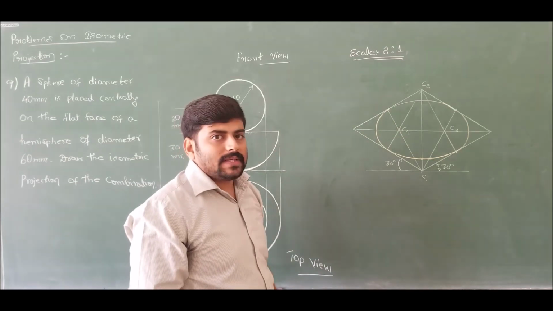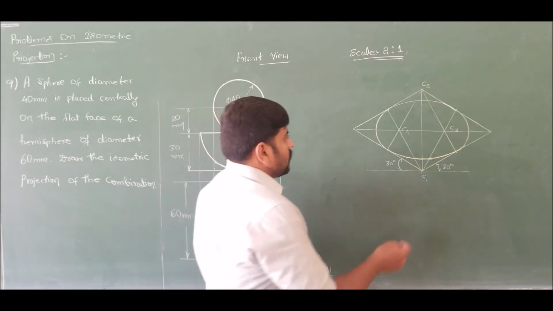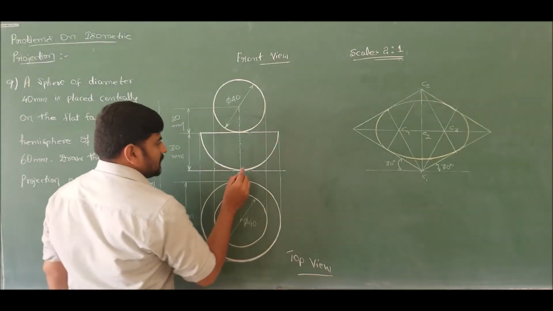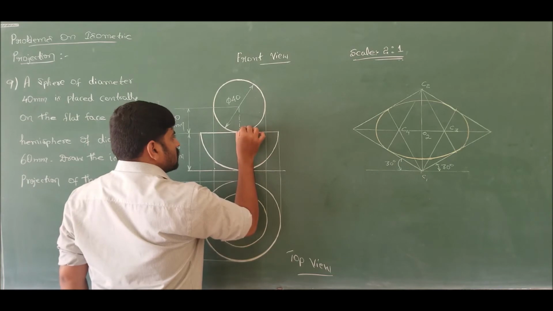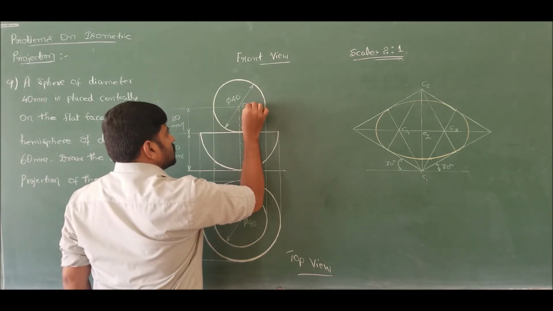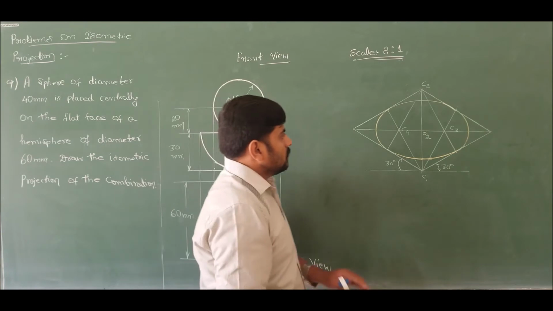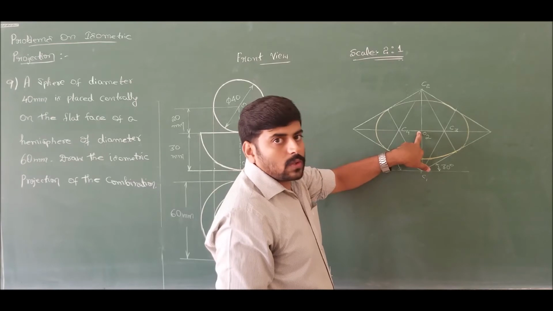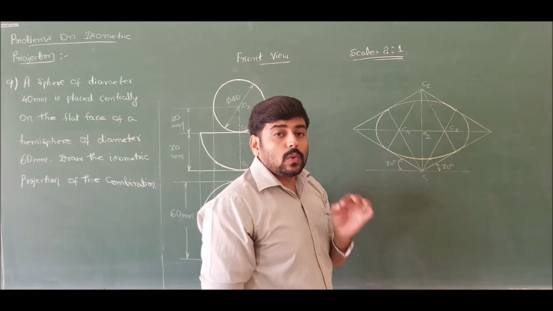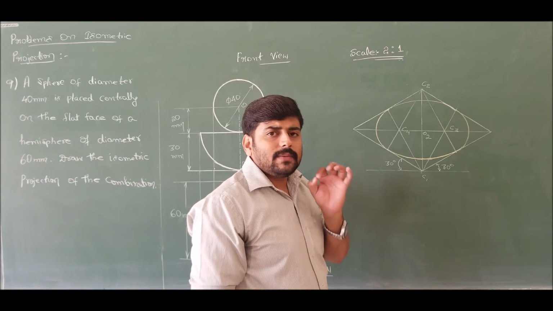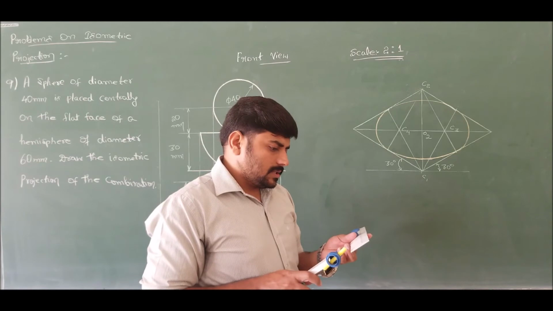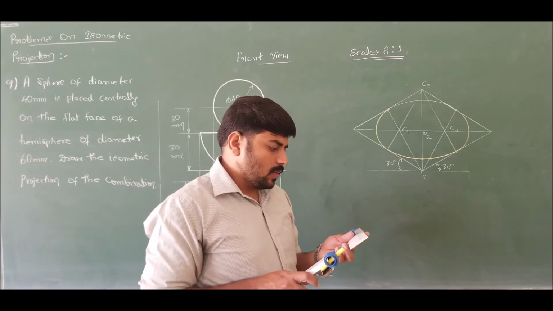Now, to complete the hemisphere, from center O2, if I mark the centers, we will get center O1, center O2 and center O3. Now, keeping the compass at center O2, measure the true length of 30 millimeters. It is not 3 boxes, it is the true length of 30 millimeters.